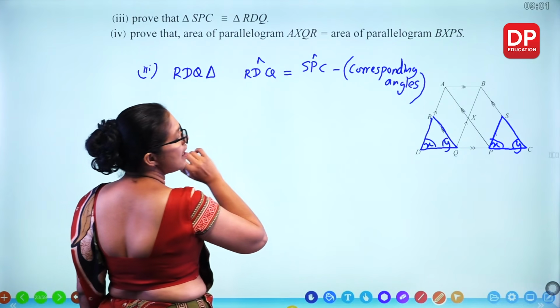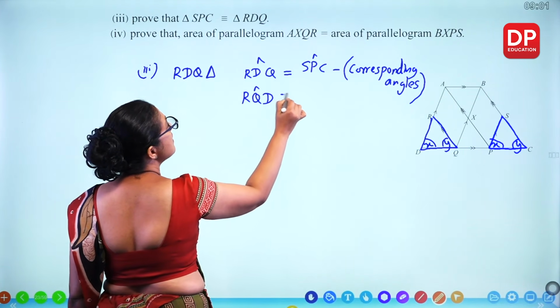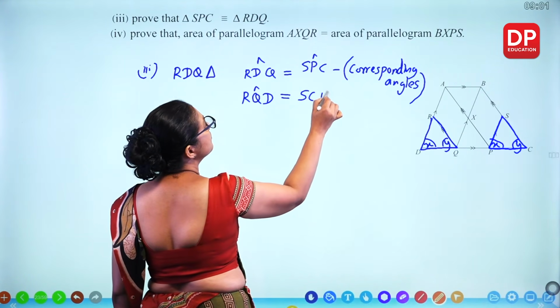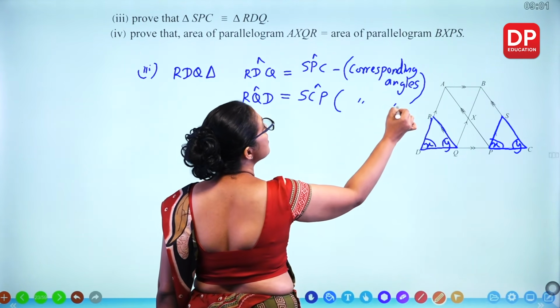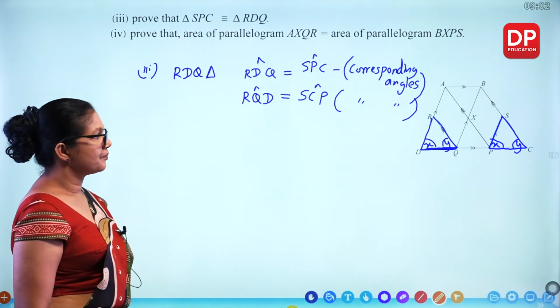We can write angle RQD is equal to angle SCP because those are corresponding angles.